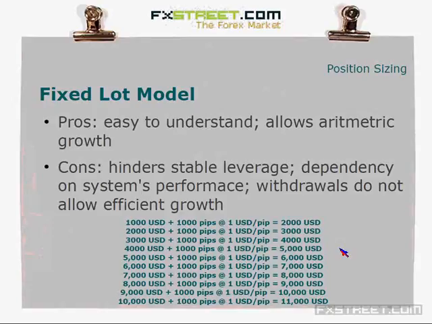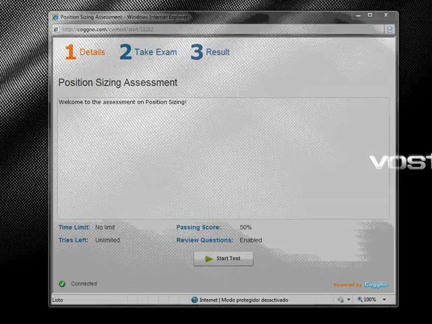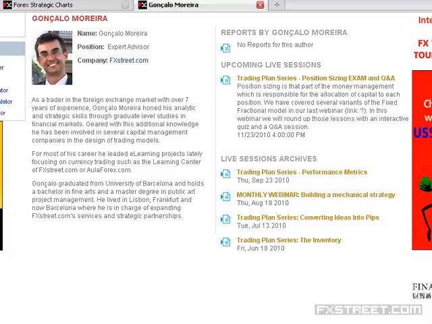The first one, to compare the fractional position size with, was the fixed lot, which is basically where you always trade with a constant lot size, so that no variations appear. Okay, let me just jump here and switch the cam to the exam.